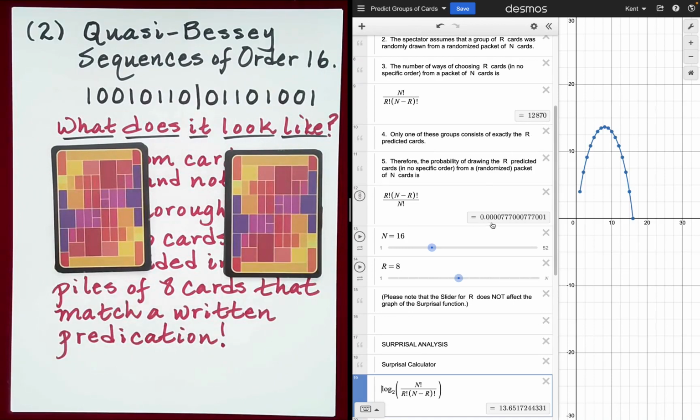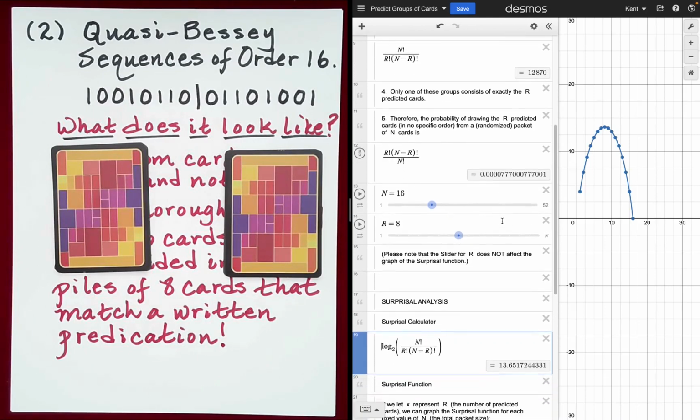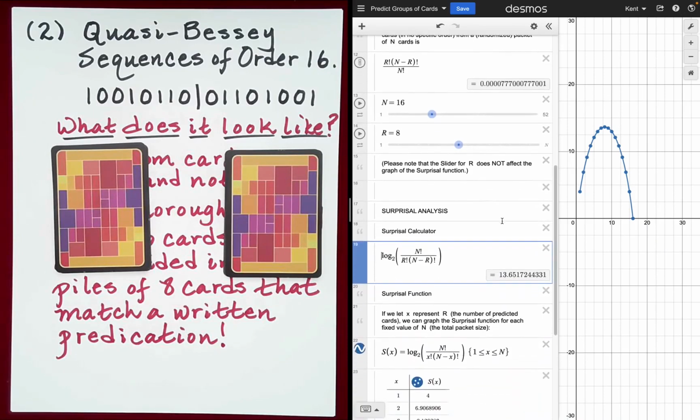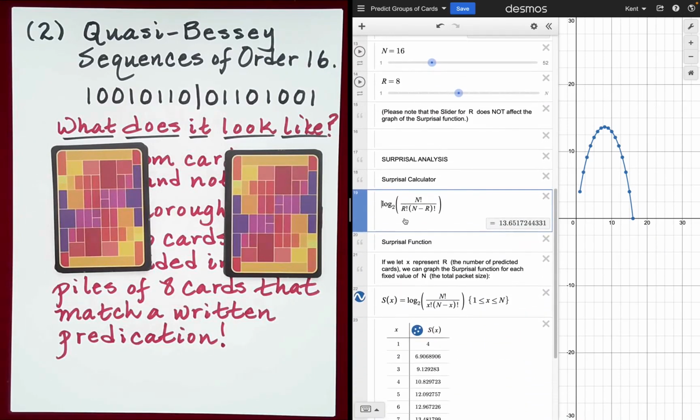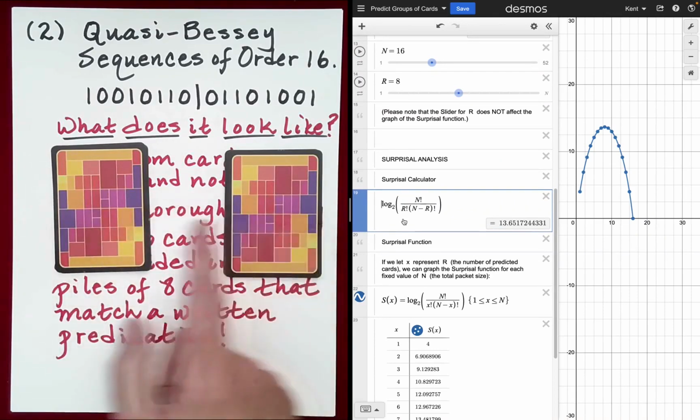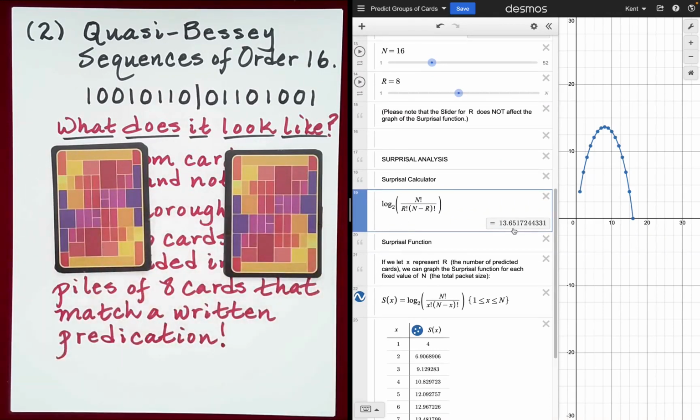So very, very small. Now that number is so small that how would you even interpret that? Well, that's where Surprisal theory comes in and gives us a very concrete way of interpreting rare events. So let's come back down here. What we're looking at is the level of surprise associated with witnessing this performance being done successfully is 13.65 bits. So what's our interpretation? Well, I suppose we could round this up to 14 bits. That would be reasonable.